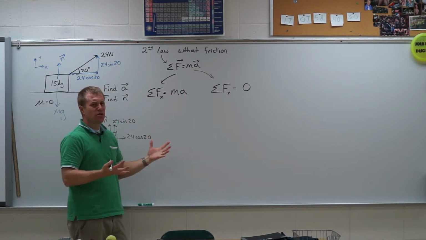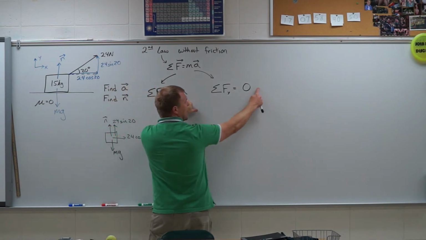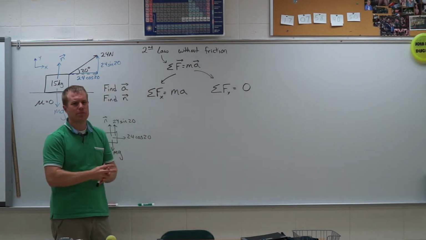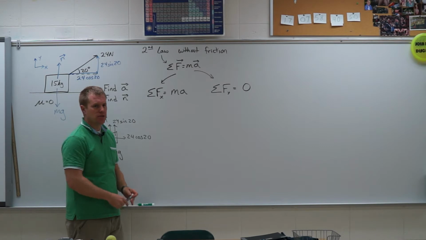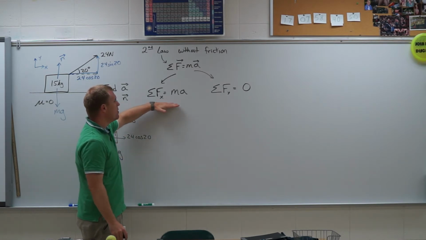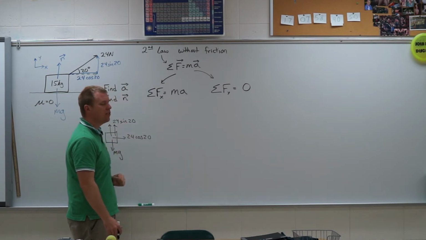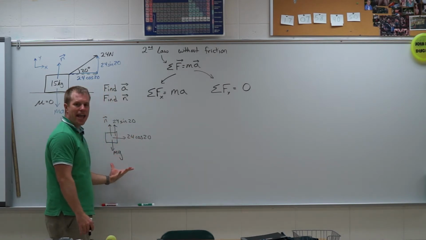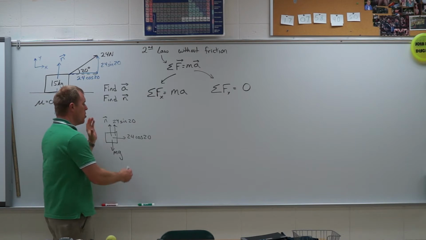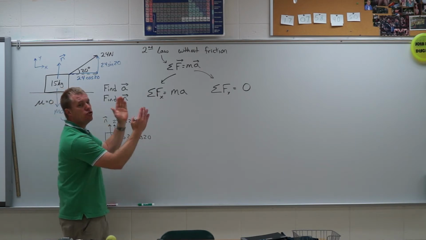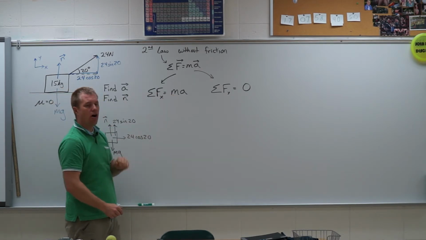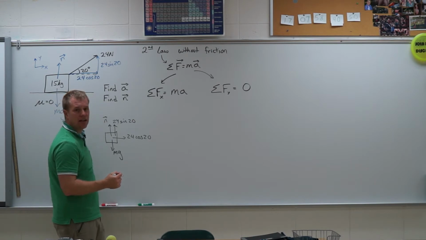If I have it as some sort of mixture, I'm going to have an ax and an ay, and then I'm going to have to put those components back together. We want to try and not do that. All right, so once we've identified its first law in the y direction, second law in the x direction, we're going to go ahead and create our equations. We're going to use our free body diagram to generate equations off of these Newton's first and second laws.